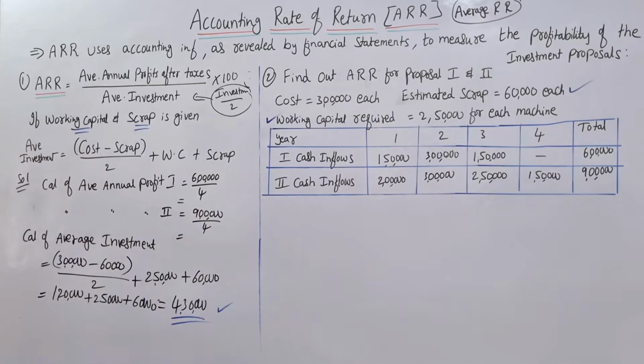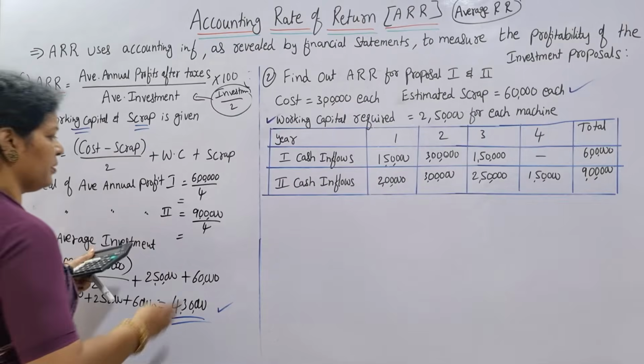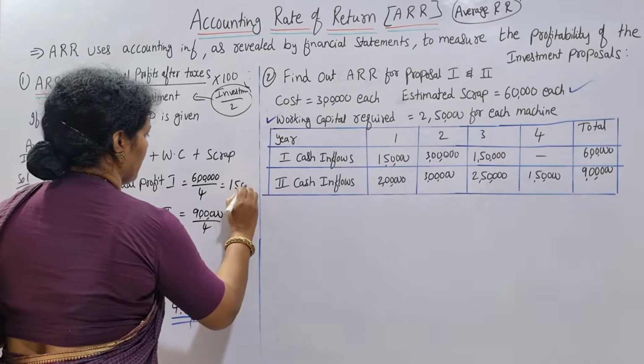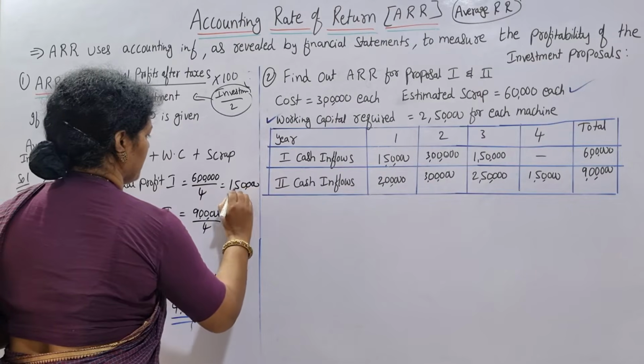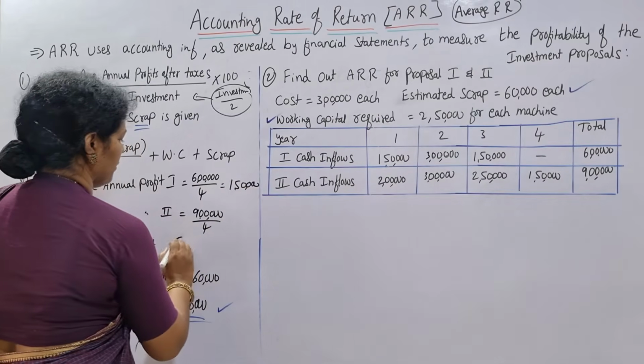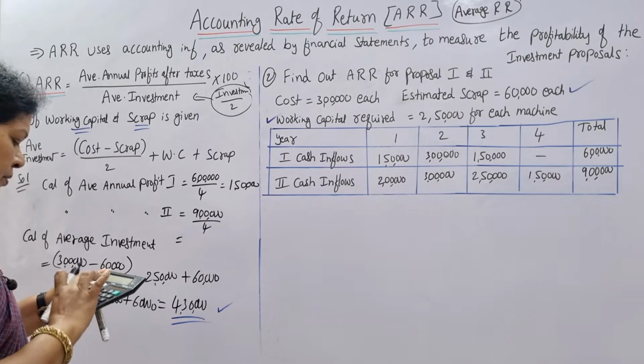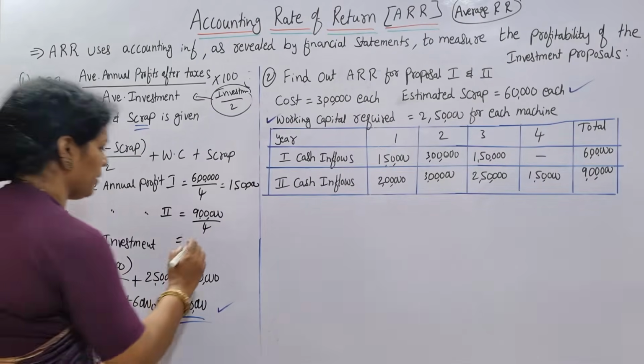This you got it. In the same way, average annual profit 6 lakh divided by 4 is 1,50,000. And the second one, 9 lakh divided by 4, is 2,25,000.